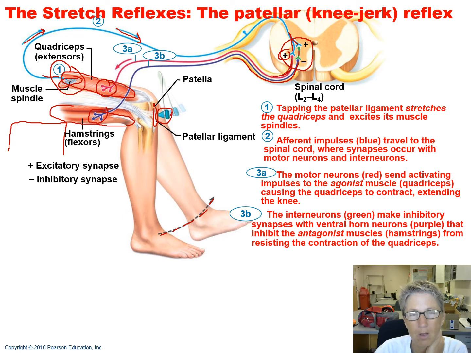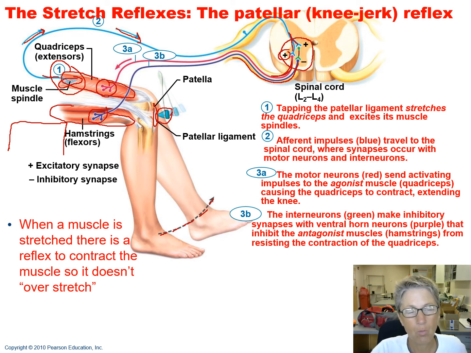So there are two things happening here in terms of the muscles. In the patellar knee jerk reflex, the quadriceps muscle is contracting and the hamstring muscle is relaxing. Because the quadriceps is contracting, that's the agonist muscle, and because the hamstring is relaxing, that's the antagonist muscle.